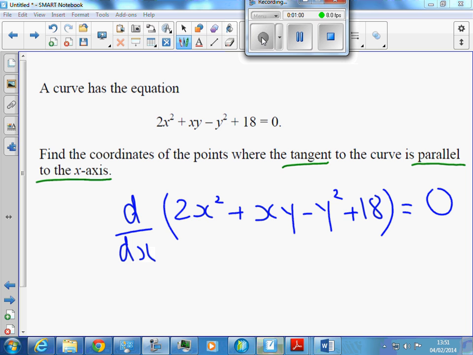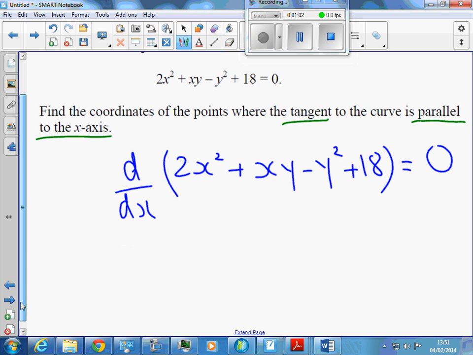Okay. So first I'll do it term by term. I differentiate that with respect to x. I get 4x. Next, I differentiate that. Now, we have to be careful here. We have a product, the word product meaning two things multiplied together. So we've got u times v.